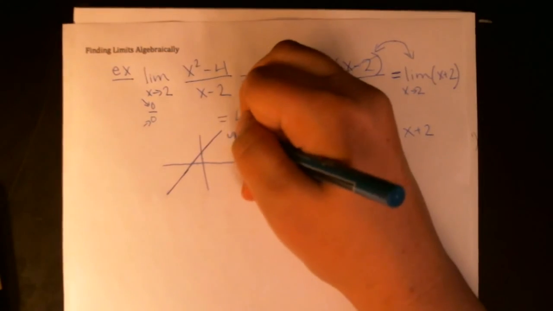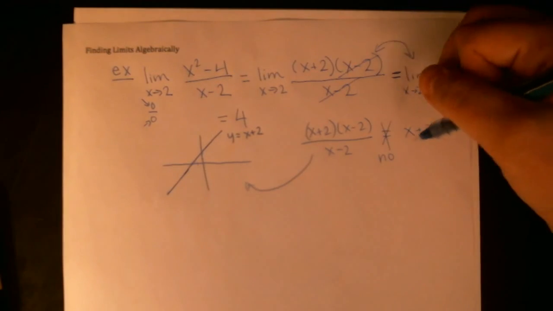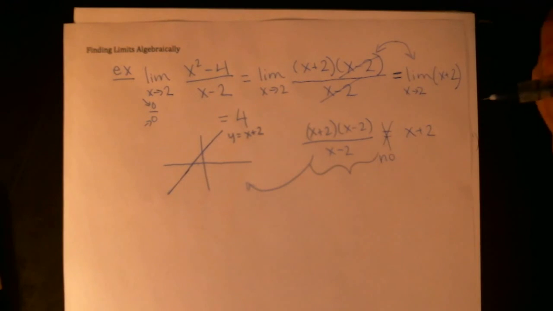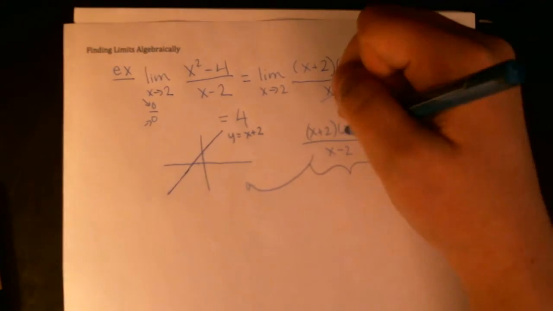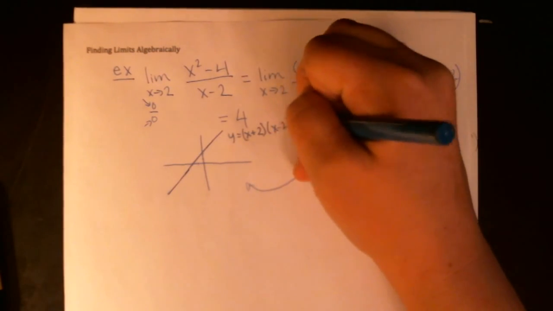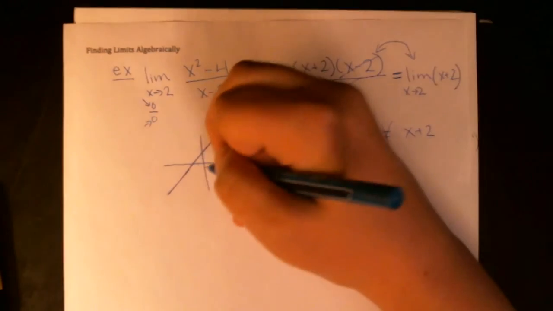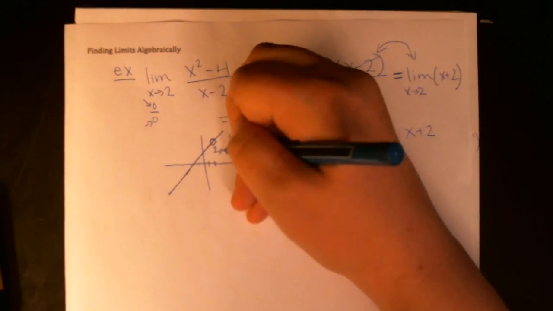Okay, so if this is y equals x plus 2, the only difference between that and the graph of this ugly, messy fraction is that the fraction would have a hole in the graph. I should be careful what I say here. If we really want it to be the graph of this thing, it looks just like y equals x plus 2, but at (2, 4), there's a hole in the graph.